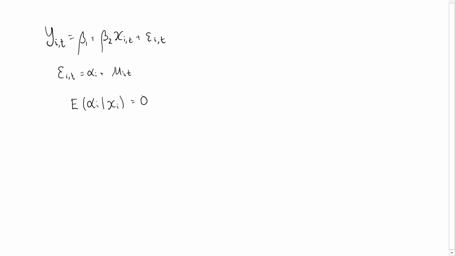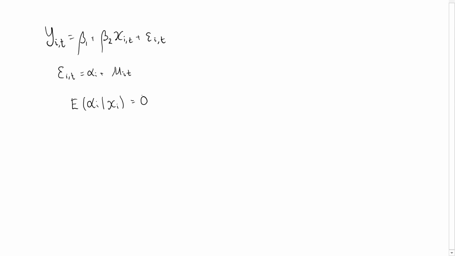In words, this means that there is no general tendency for farms with a lot of cows to have a large individual specific effect, or for farms with few cows to have a large individual specific effect. The individual specific effect is completely random and not determined by the number of cows. It's determined by other things, perhaps the proficiency of the people working in this farm and maybe how happy the cows are.